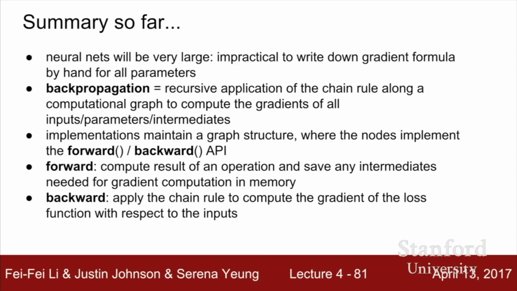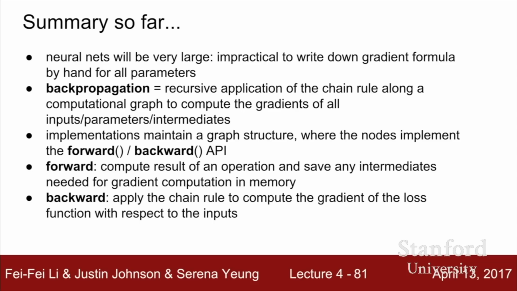This is one of the core techniques of neural networks. It is a recursive application of the chain rule, where we have this computational graph, and we start at the back and go backwards through it to compute the gradients with respect to all of the intermediate variables, which are your inputs, your parameters, and everything else in the middle.